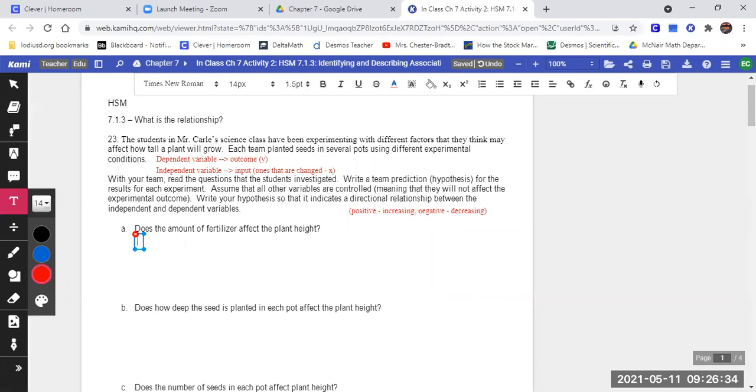First, we have to think, it says, does the amount of fertilizer affect the height of the plant? So which one of those would we be changing? Which one are we looking to see happens because of the change? So are we changing the height to see how it affects the fertilizer? Are we changing the fertilizer to see how it affects the height?